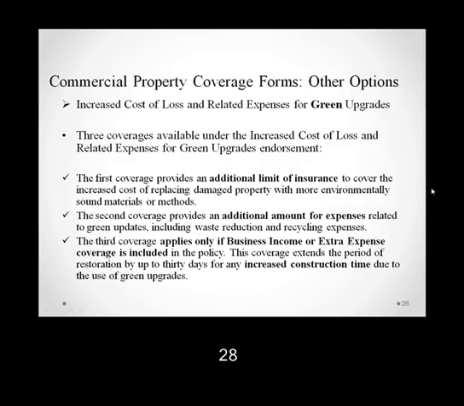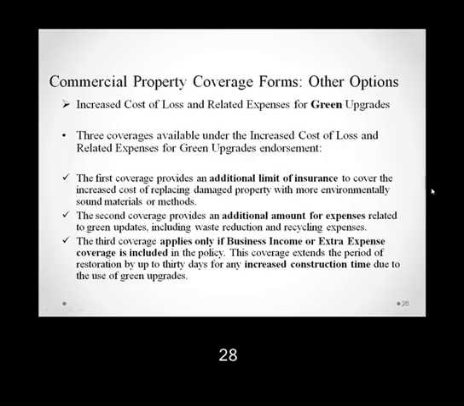The increased cost of loss and related expense is for the business who wish to replace damaged property with more environmentally friendly materials following a covered loss. So if there is a covered loss, if you choose to have this green upgrade coverage, then it will provide an additional limit of insurance to cover the increased cost of replacing damaged property with more environmentally sound materials or methods.